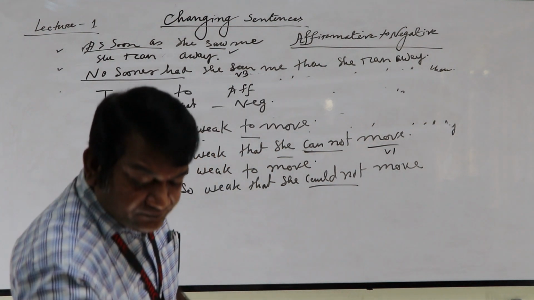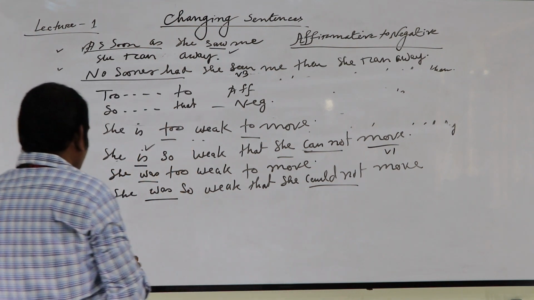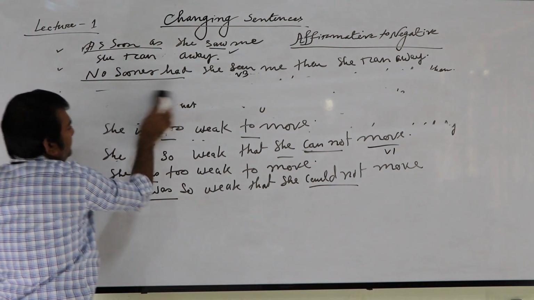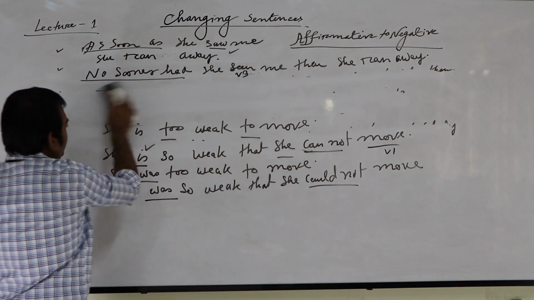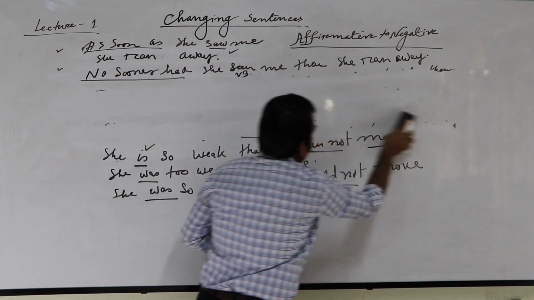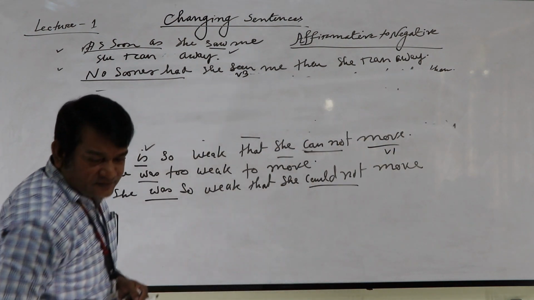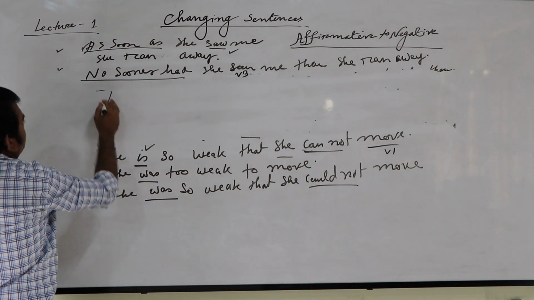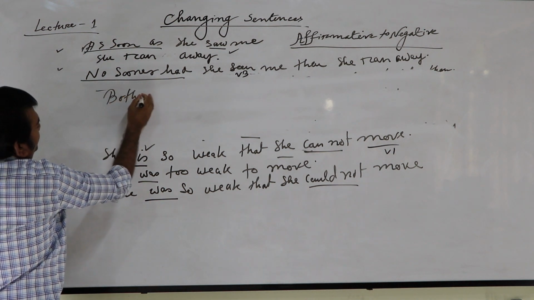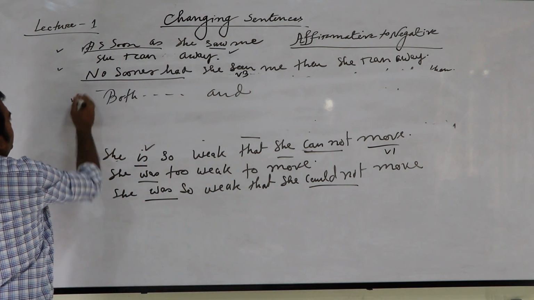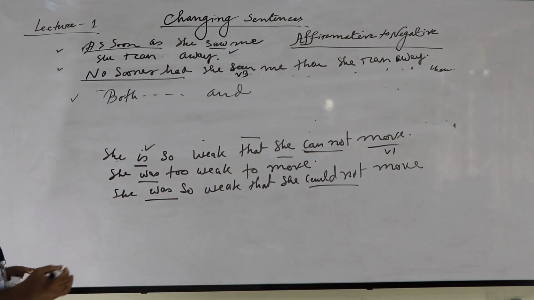Then we'll do another rules that will help you a lot in changing or making the sentence, especially affirmative to negative. Then the both word, and another rule, very very important rules.